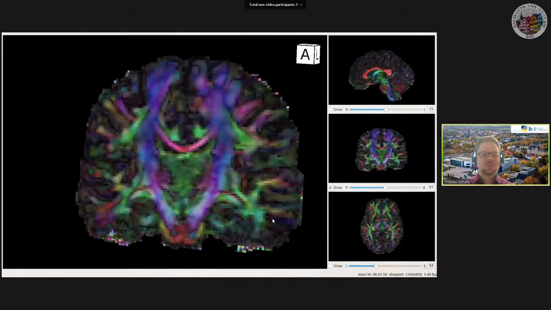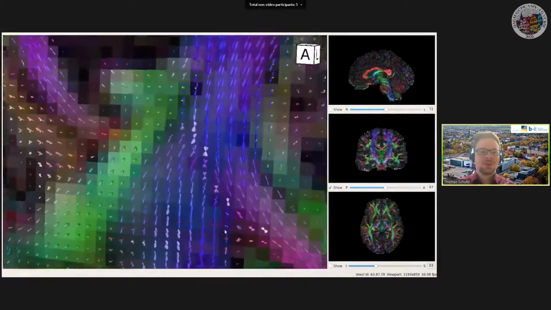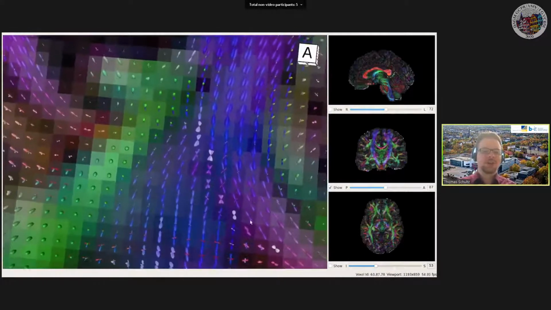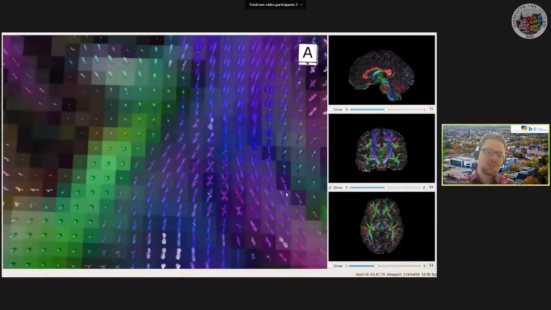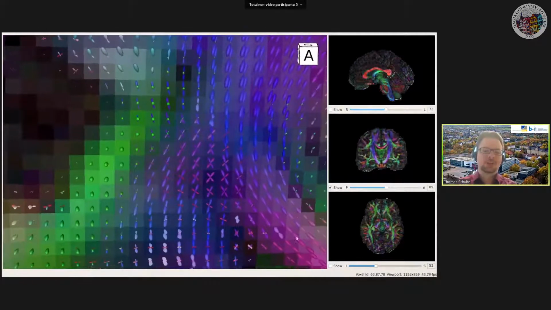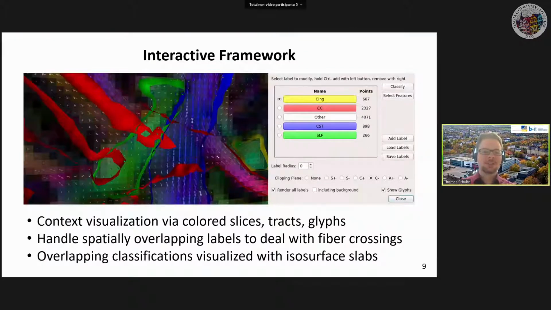And if you want to see very in-depth per voxel information, you can go for these fiber orientation distribution glyphs, which have peaks which indicate locally the directions of the tracts. So this allows you to delineate very precisely how far the segmentation annotations should go. So all of this is integrated in our interactive framework.